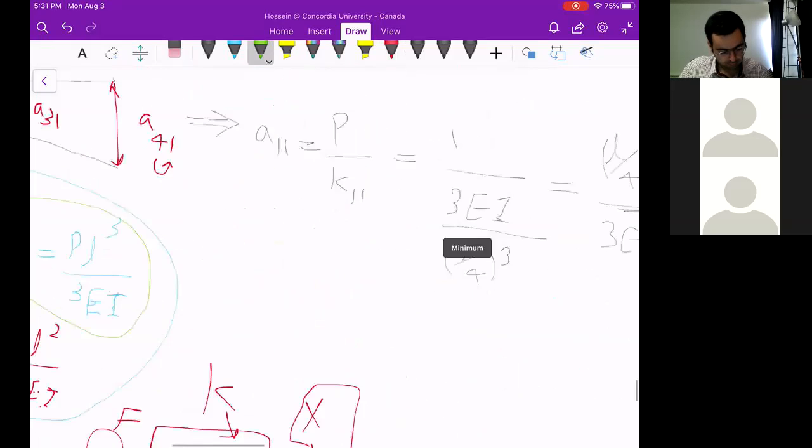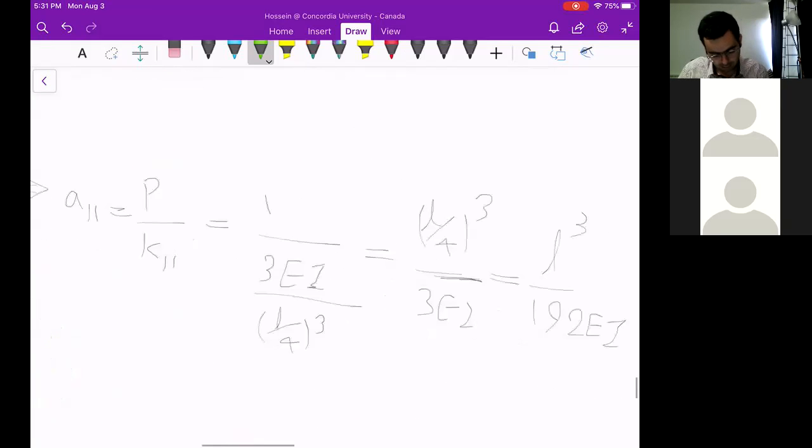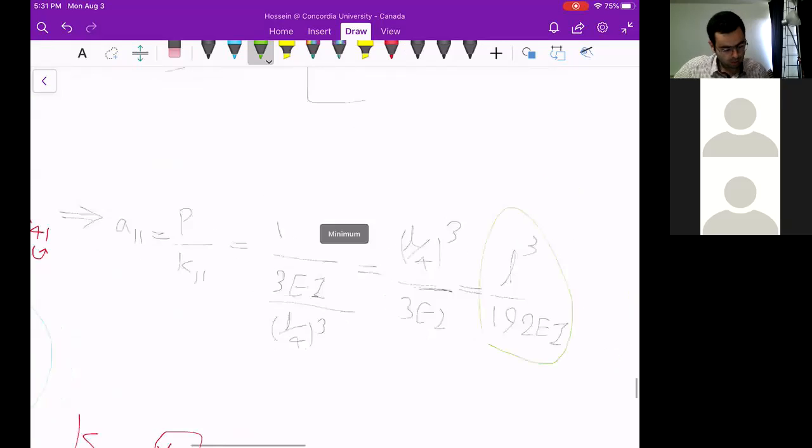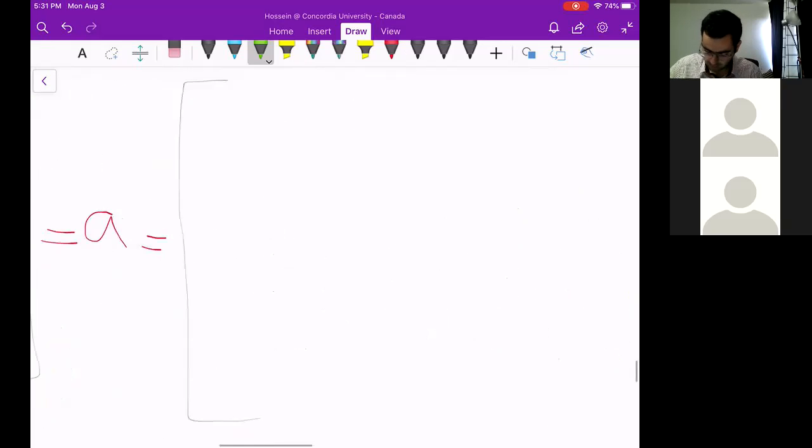And I can obtain A11 like this, and I can fill out the A matrix here, A11 as L cubed over 192 EI.